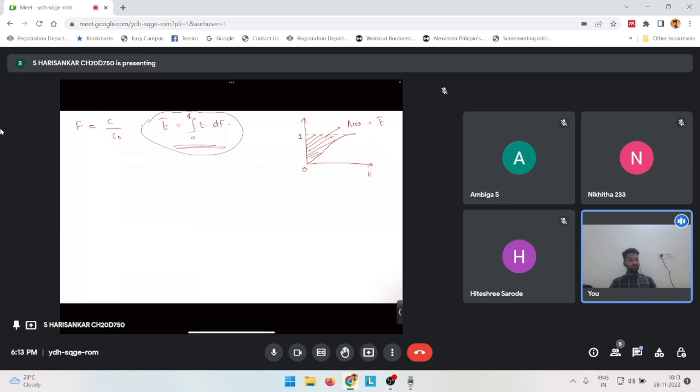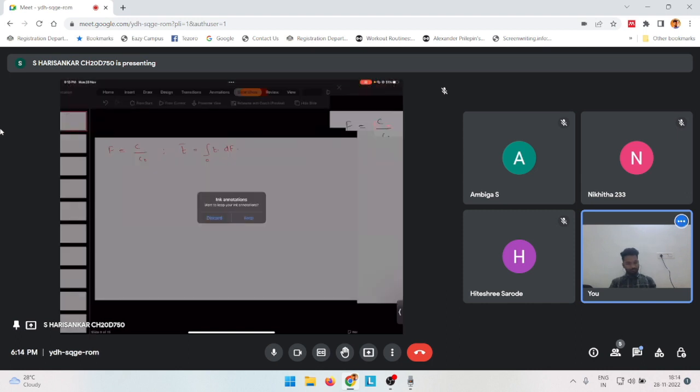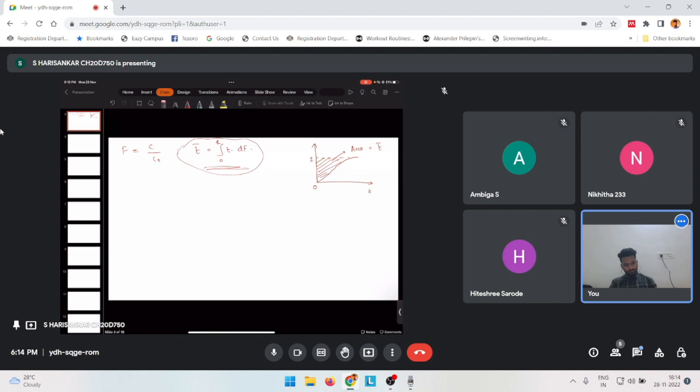So to find this area, there is one more thing that we can do. Let's say this is our residence time t bar.